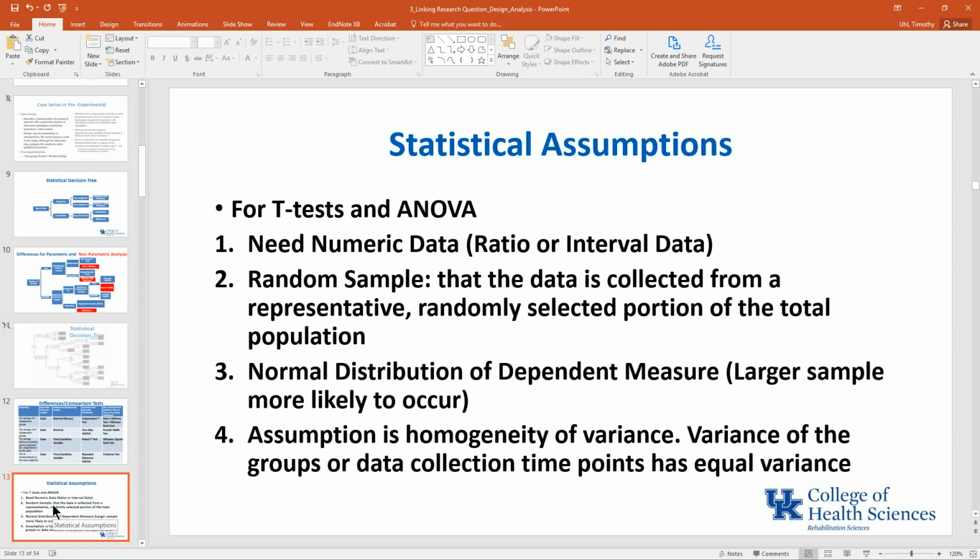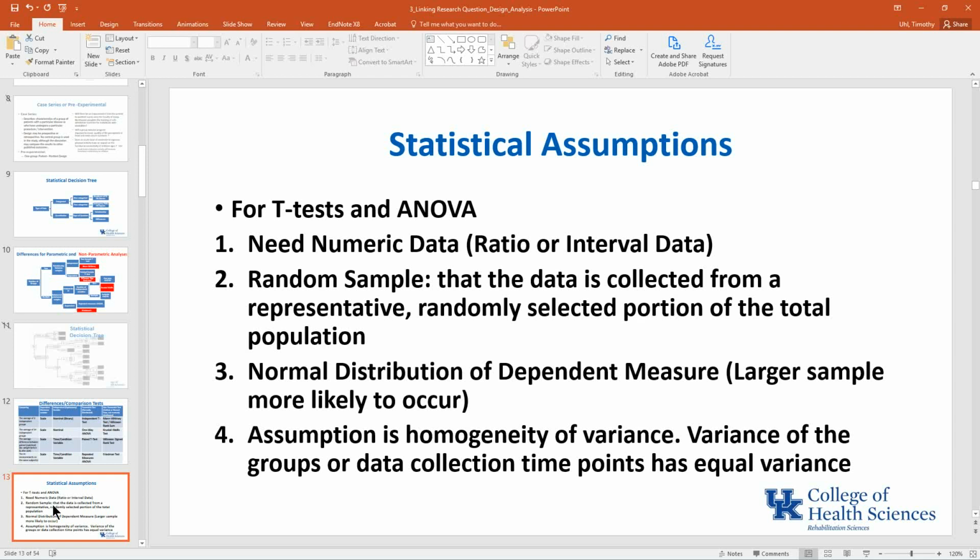Just as an introduction, it needs to be numeric data to do t-tests and analysis of variance, so that has to be met. We hope, based on what Dr. Heather Bush presented, that the data is relatively random and representative of the population. Then we have to determine if the data is normally distributed or not.